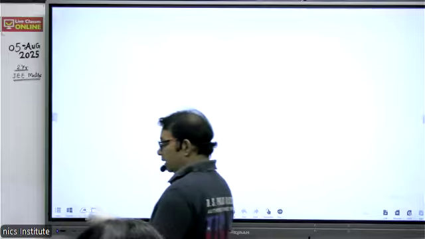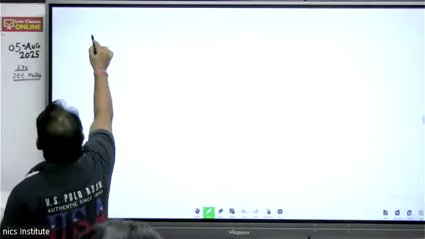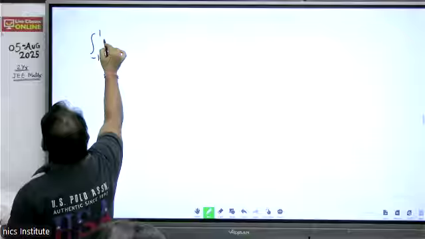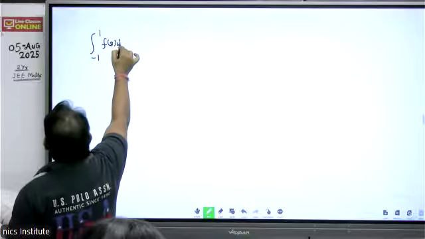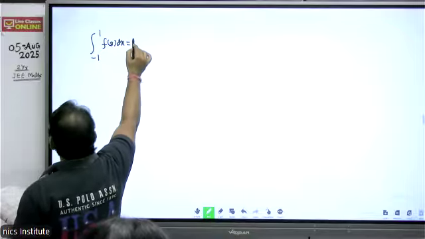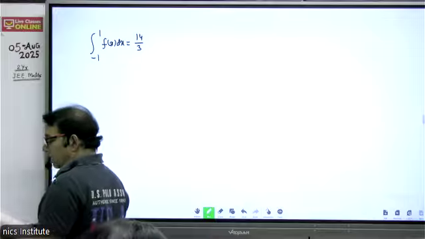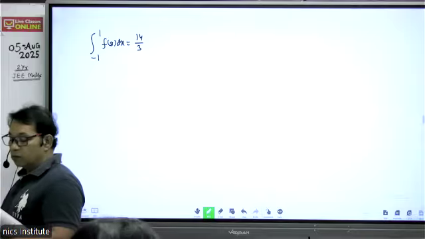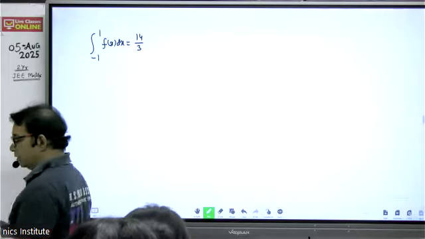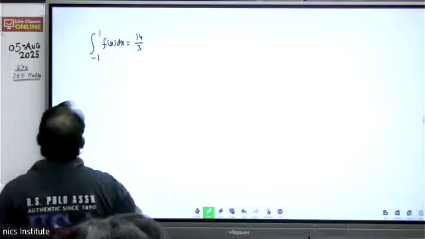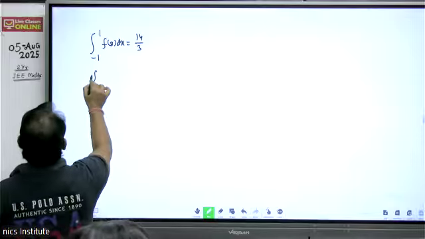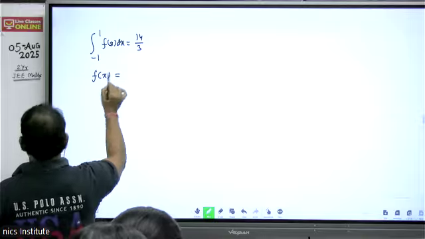If integration from minus 1 to 1 of f of x dx is 14 by 3, find the cubic function.